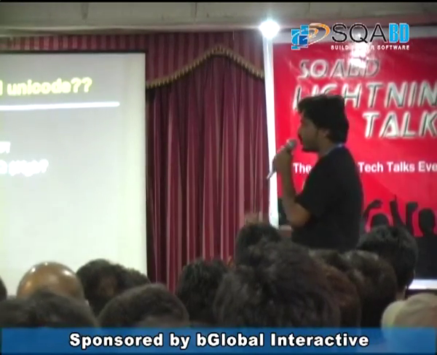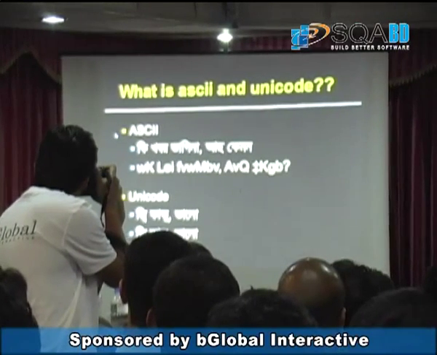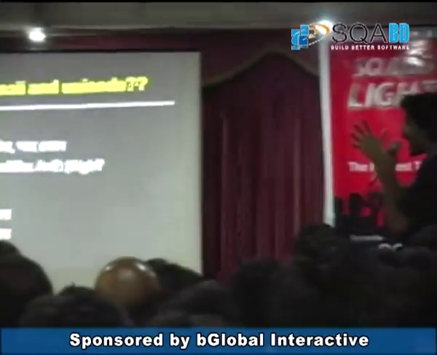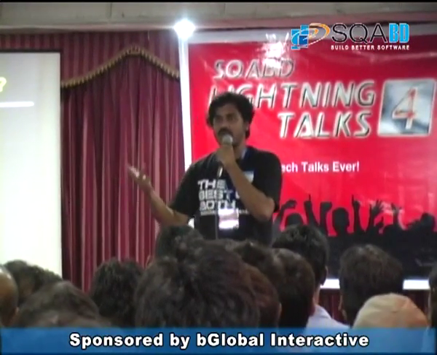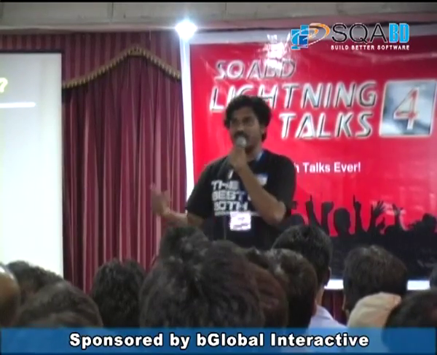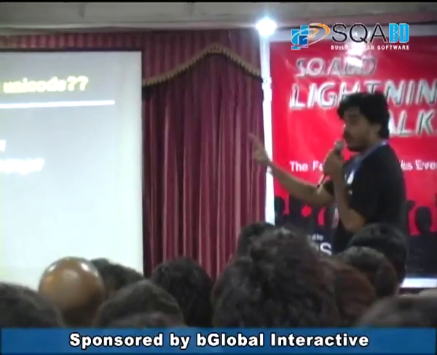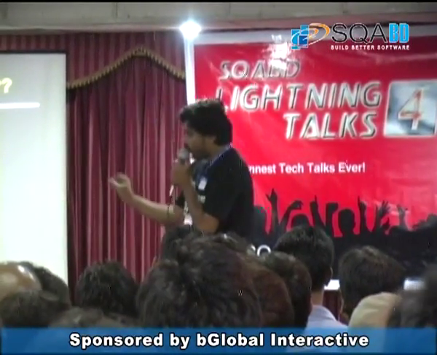So, what is ASCII and Unicode? Suppose I have an uncle, Kaku. My Kaku is asking, Ki khobor bhagina? Acho kemon? In ASCII. But what I see on my computer is gibberish. I cannot understand what my Kaku is saying. He is typing in ASCII. So I reply to him in Unicode.